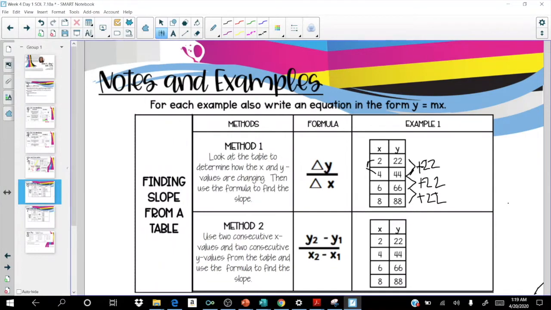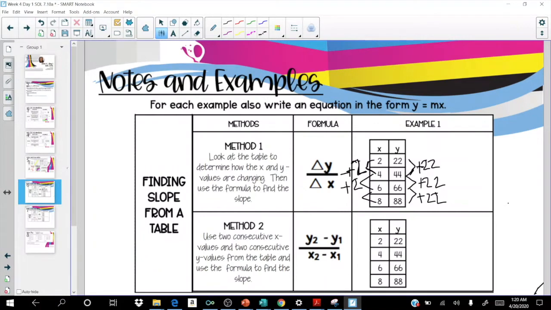So let's figure out how the x values are changing. To go from 2 to 4, you would add 2. To go from 4 to 6, you would add 2.